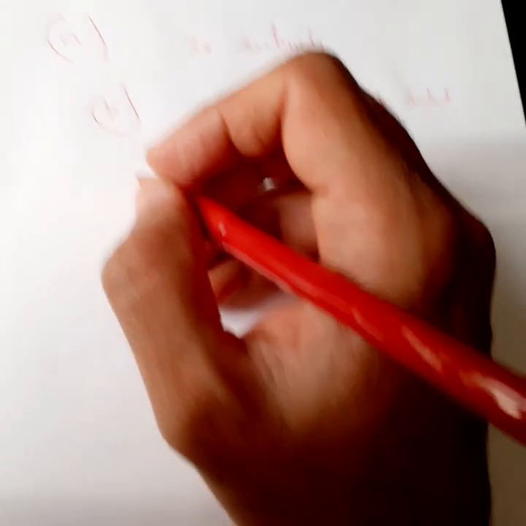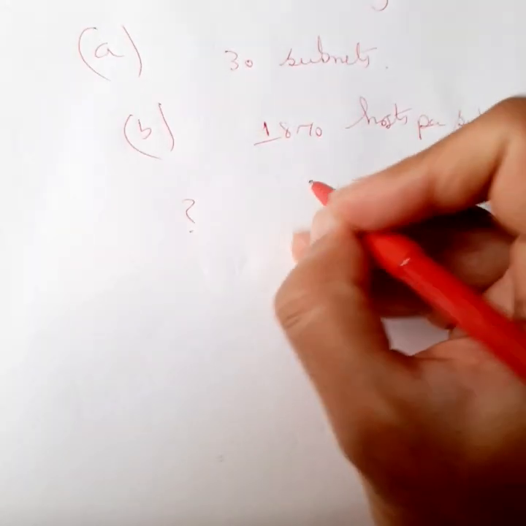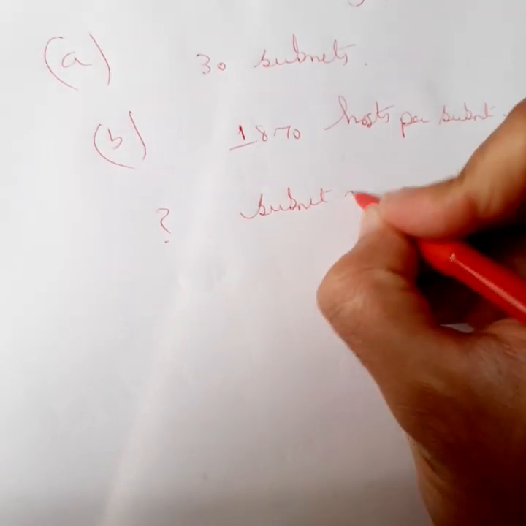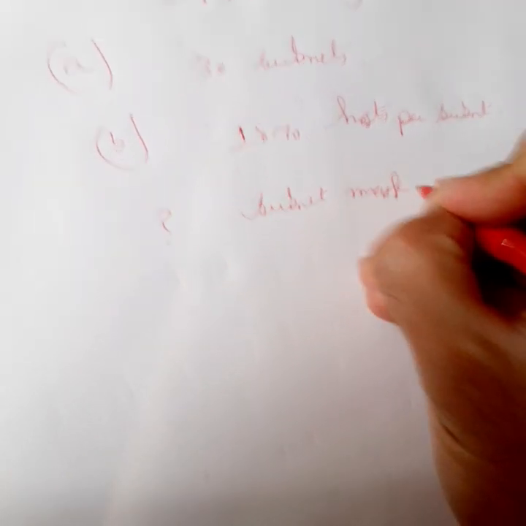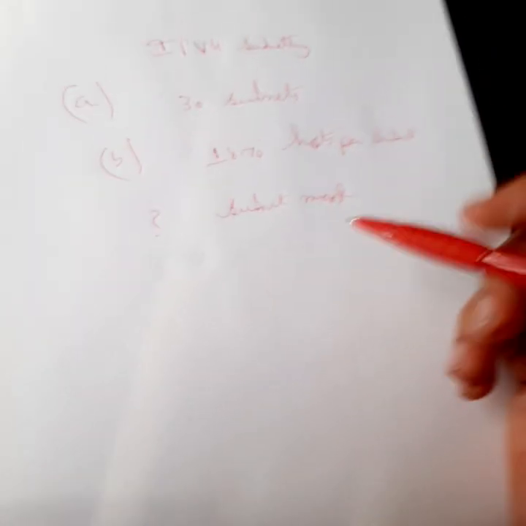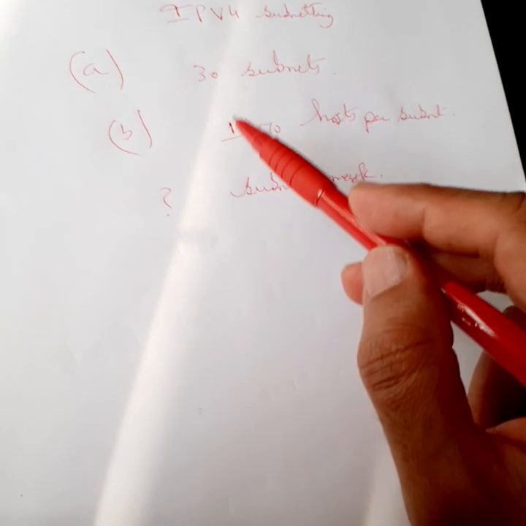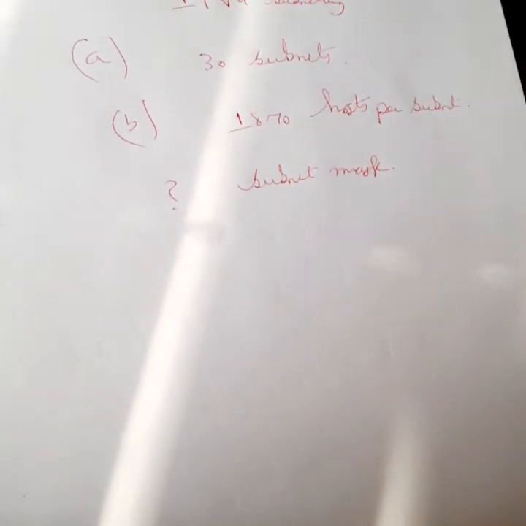So what we really need to find out is, what's the subnet mask? So I can get 30 subnets and 1870 hosts per subnet.